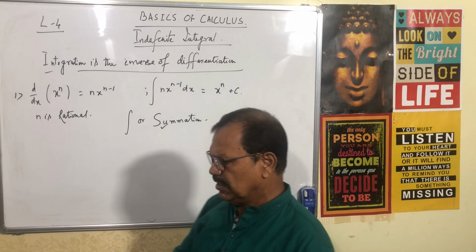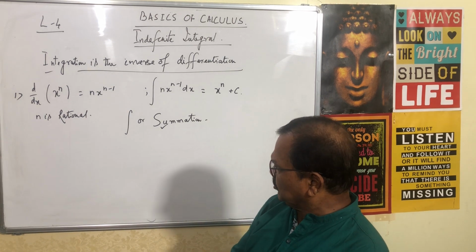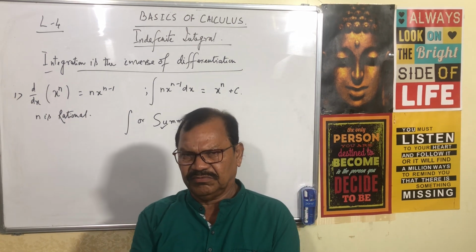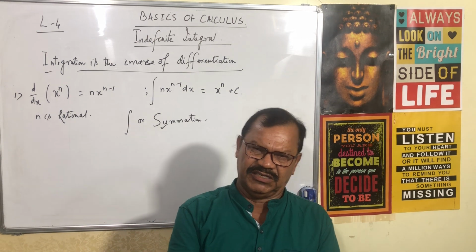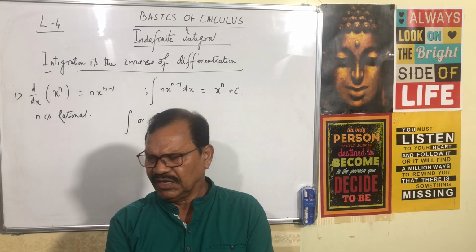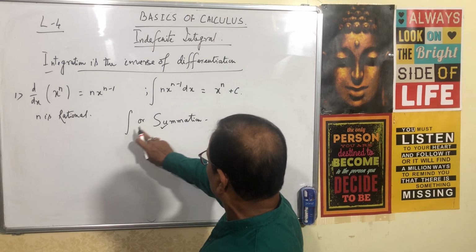Integration is also a method of summation. You will study the definite integral, and there I will explain how the word summation is applicable in the case of definite integral. Now, let us see this sign of integral.